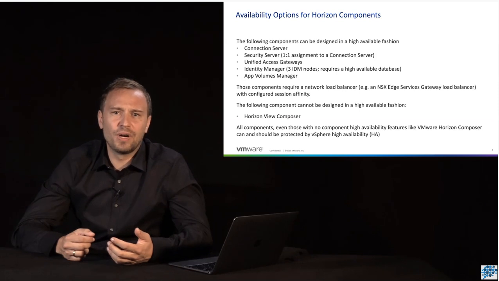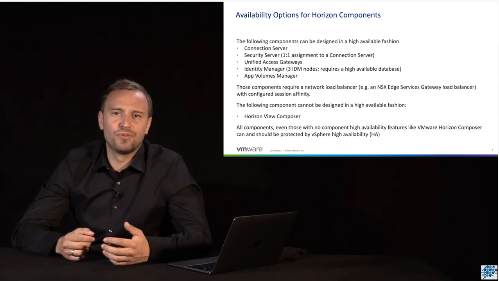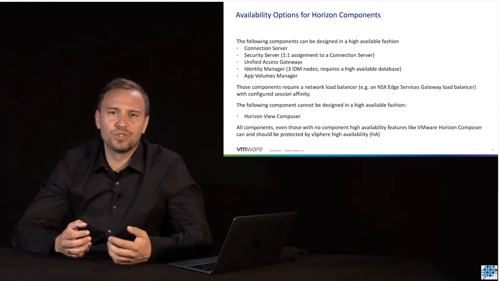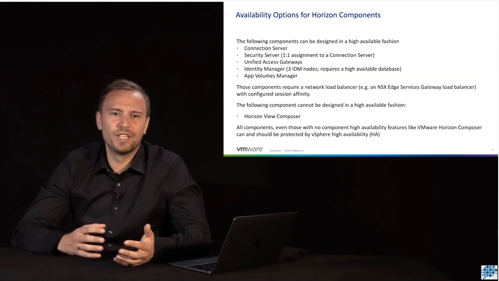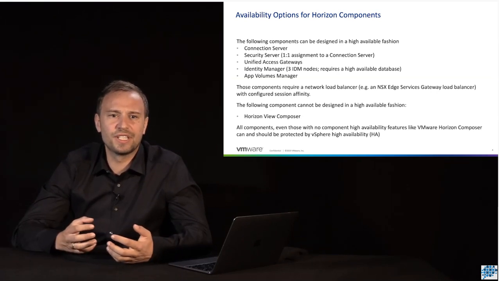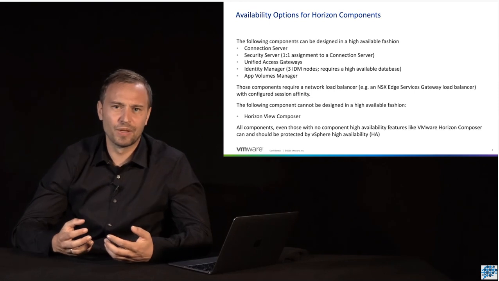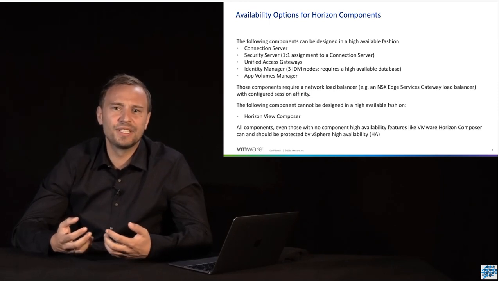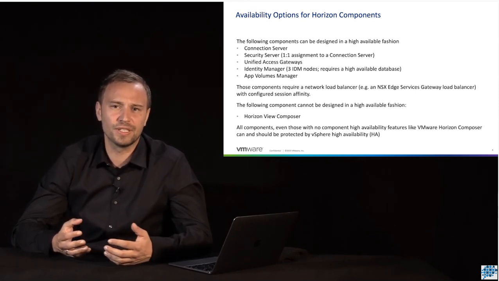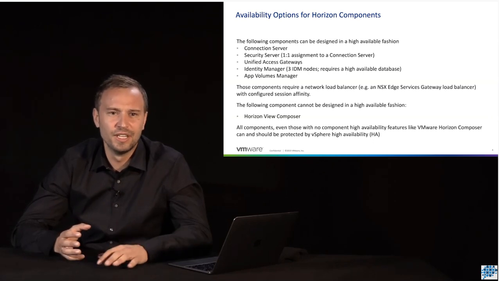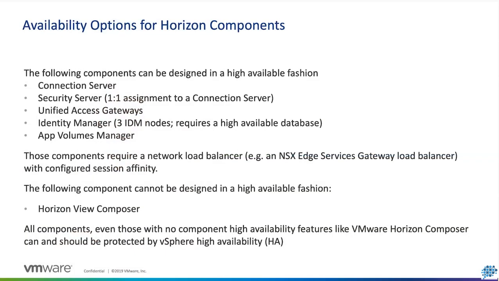When we talk about the components of Horizon and the availability options, we need to understand what limitations we have, and what characteristics are behind those components, also in the logical design phase. The following components can be designed in a highly available fashion: the connection server and the security server. But remember, the security server always has a one-to-one relationship from security server to connection server.